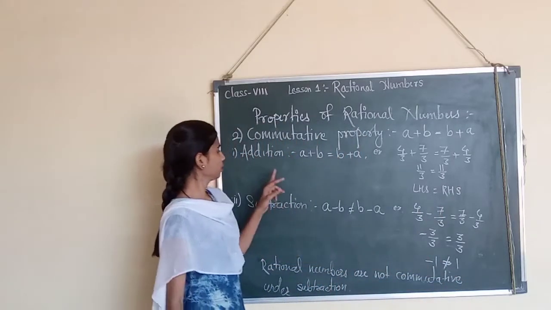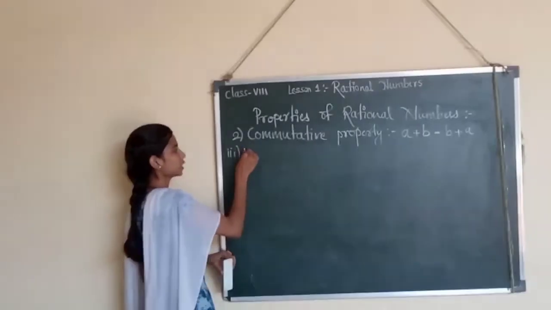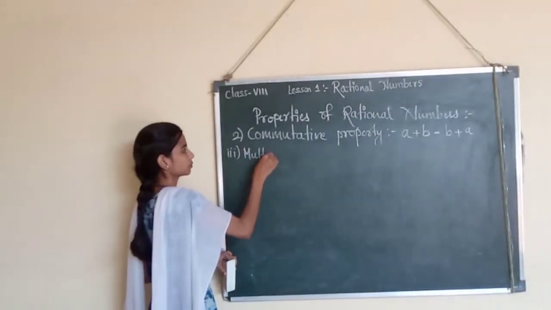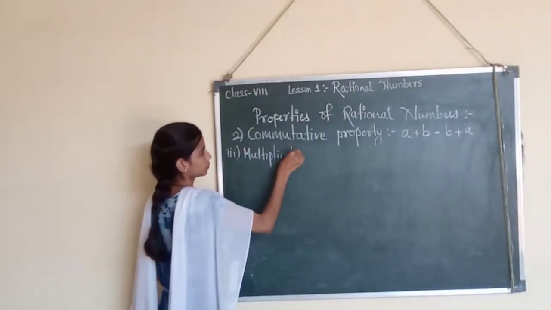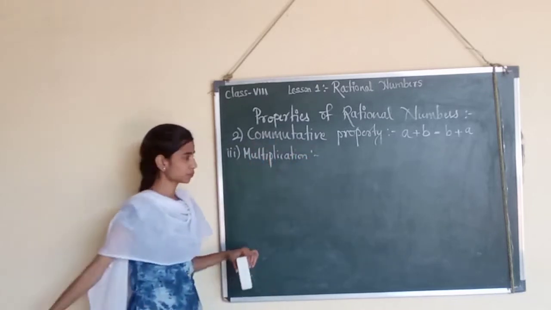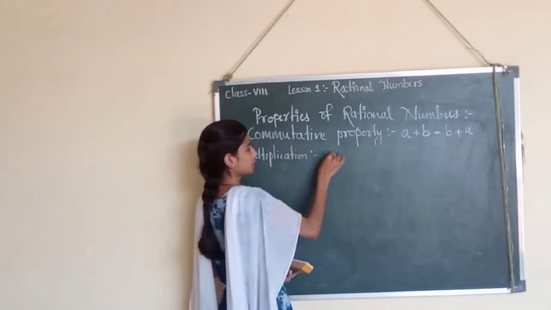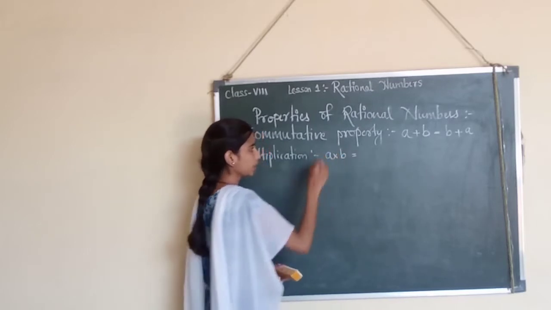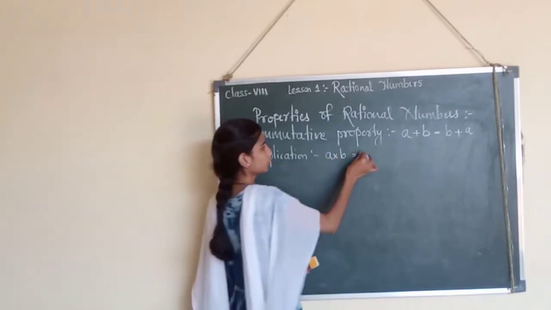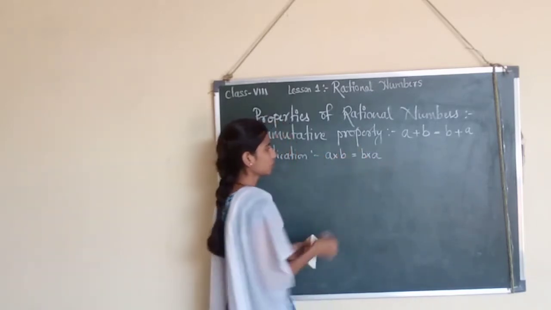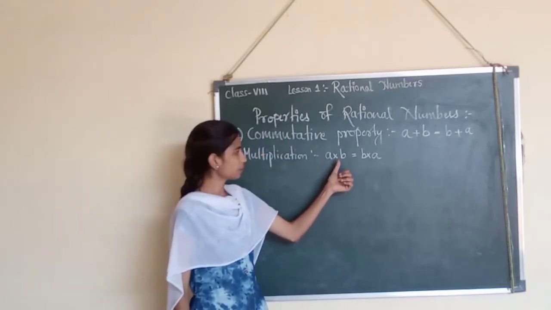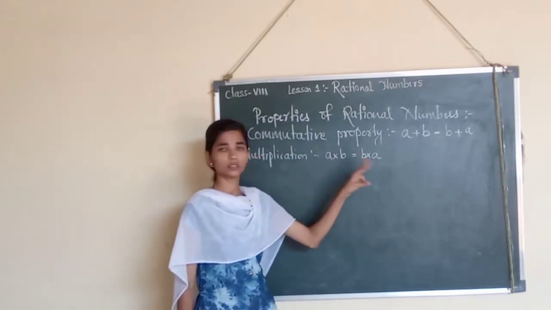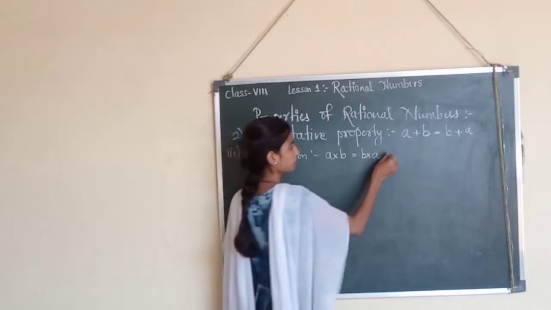Now you see for multiplication and division. First, multiplication. If we take multiplication A into B, is it equal to B into A? In multiplication, if you swap the rational numbers, are they equal?